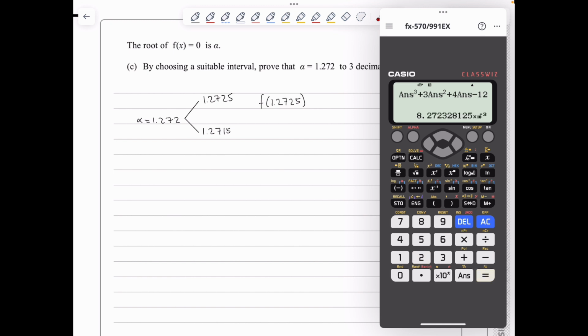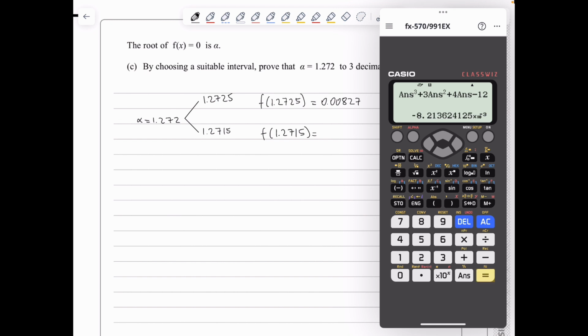If I press the equal sign, I get an answer of 0.00827. And then I want to do f(1.2715). So I'm just going to press 1.2715 and the equal sign. And then I go up, the cursor key pointing upwards. I get the same expression now with the new value for the answer key.